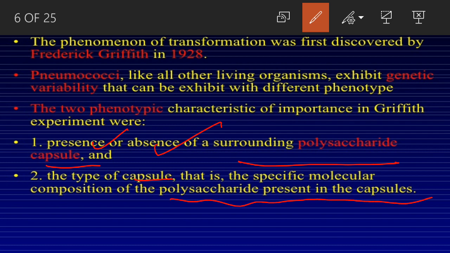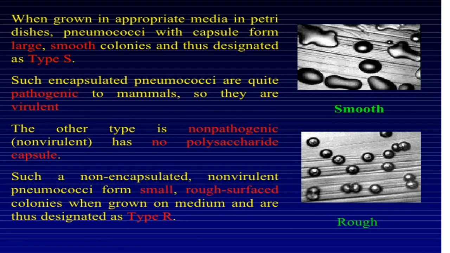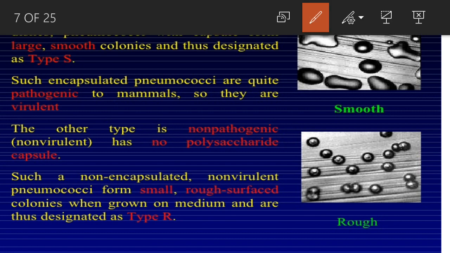These were the characteristics he considered during his experiments. When he grew this bacteria in a culture medium, some produced smooth and shiny colonies, while others produced rough colonies, which were rough, dry and dull colored.